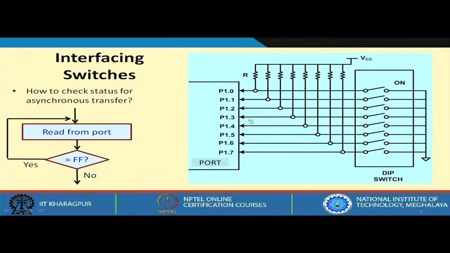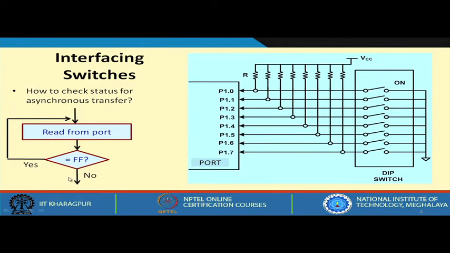You see, if you have not pressed any key, which means there is no input, if you read from the port, you will get FF, all 1s, 1 1 1 1 1 1 1 1. So, in hexadecimal it will be FF. So, if it is FF, you mean that no key has been pressed, there is no input, you go back and continue checking.